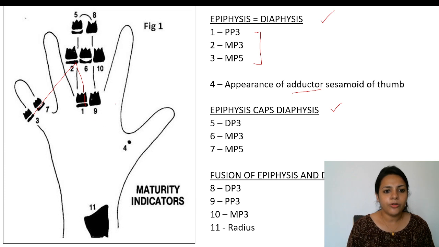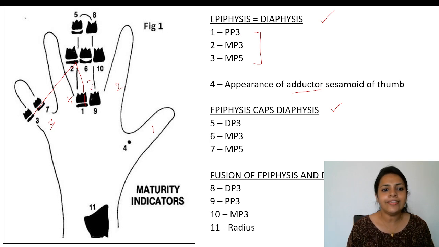Before we proceed with that, what we need to know is the numbering of the fingers. Thumb is 1, then comes 2, your middle finger is 3, 4 and the little finger is 5. That is the numbering of the fingers. So the first index is PP3. What is PP3?